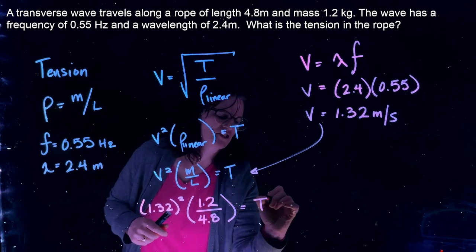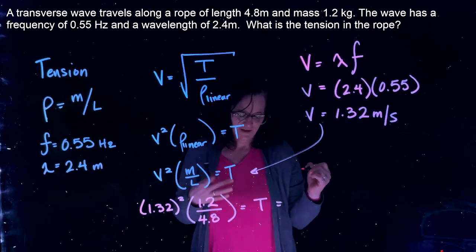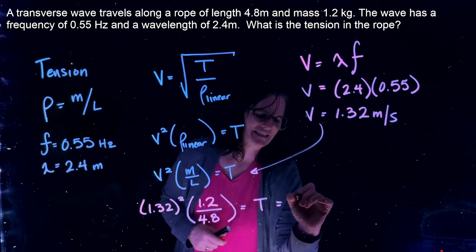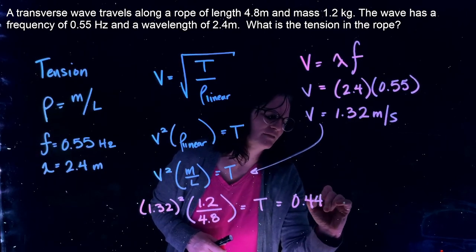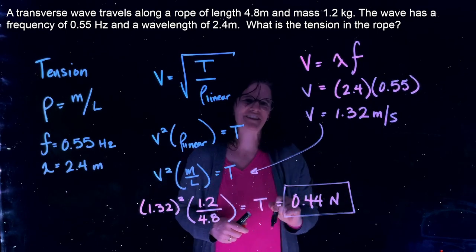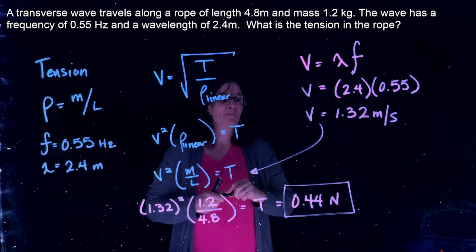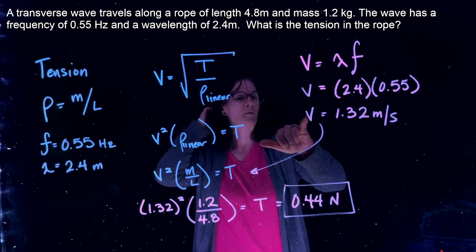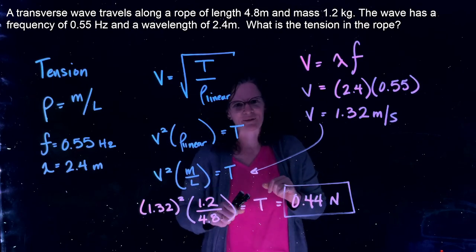This equals our tension, which, if we calculate that out, we get 0.44 newtons. So just about a half a newton of tension when my wave is traveling at 1.32 meters per second.